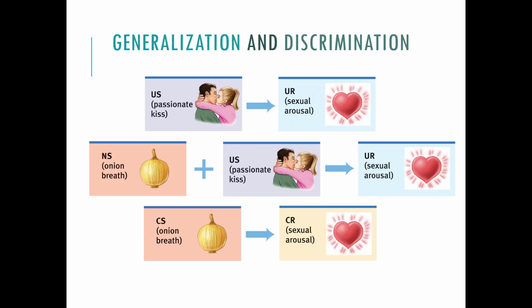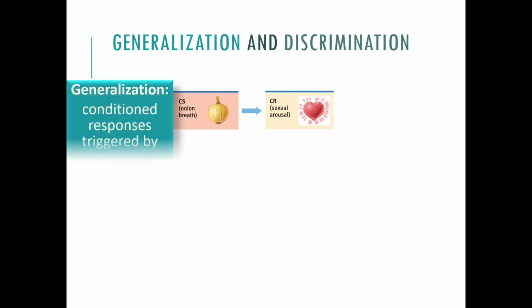So it isn't always the case that just because you would think you wouldn't like the smell, it wouldn't be arousing. It can become a conditioned stimulus for sexual arousal. All right, so let's just accept my claim that ultimately you would make this pairing between the onion breath and the passionate kissing so that you start to produce a conditioned response to the onion breath. Okay, so let's use that as our model.